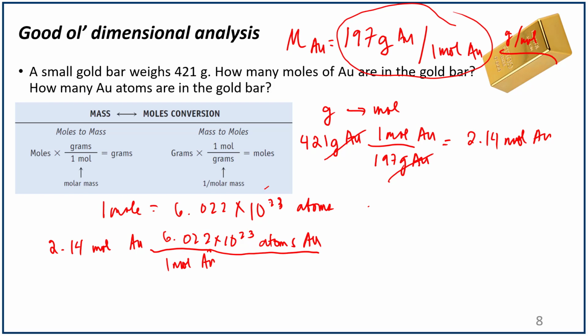Then we should get 1.29 times 10 to the 24 atoms of gold. And that's basically how you work on problems like these.